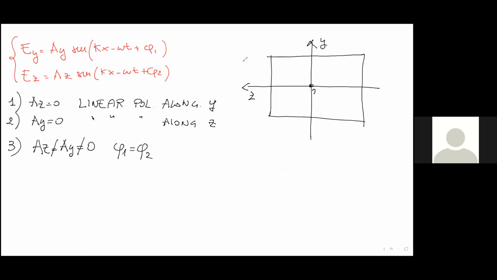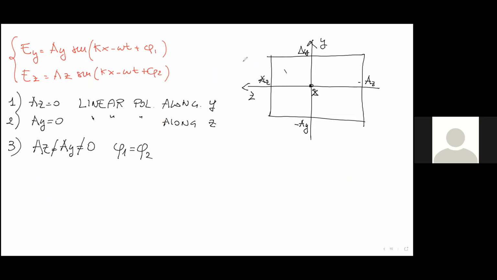So this is x coming towards you. And this is, sorry, ay, this is minus ay, this is minus az, this is az, okay? So along the x direction, you see that the electric field goes back and forth, back and forth, back and forth like this.